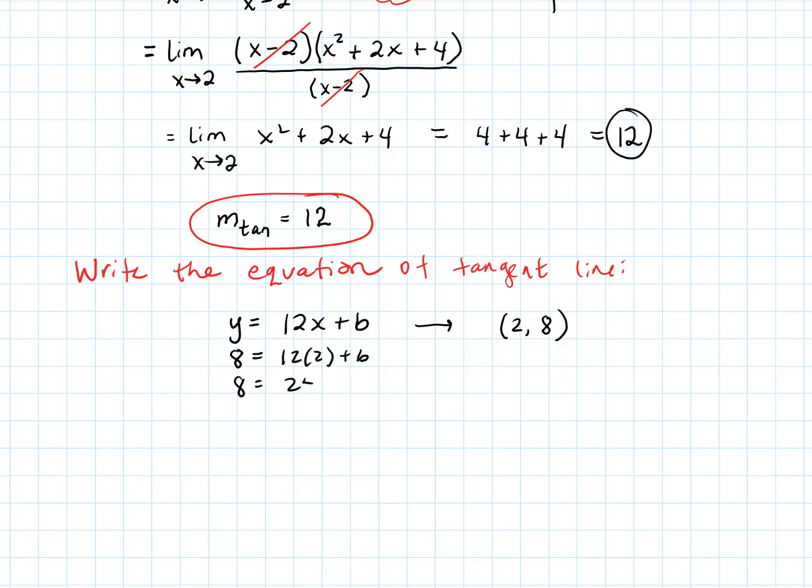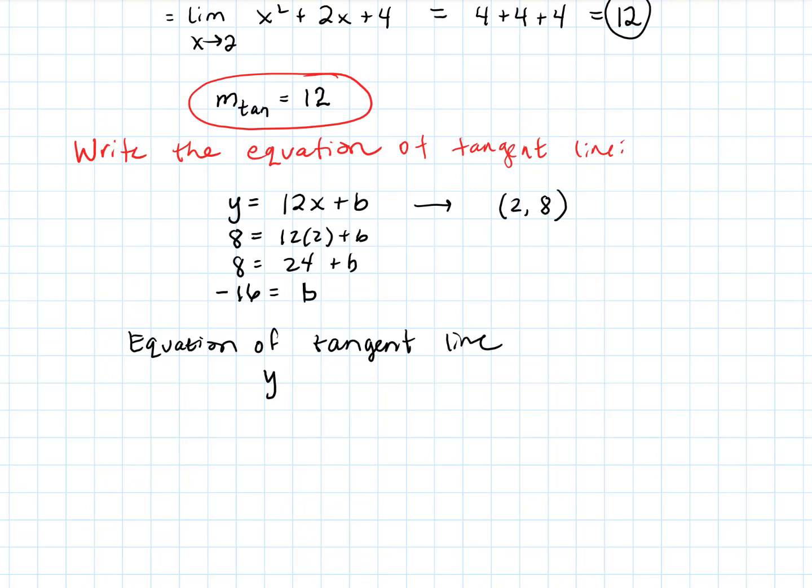So 24, and b is a negative 16. Okay, put that together and the actual equation of my tangent line is y equals 12x minus 16. And there is my answer.